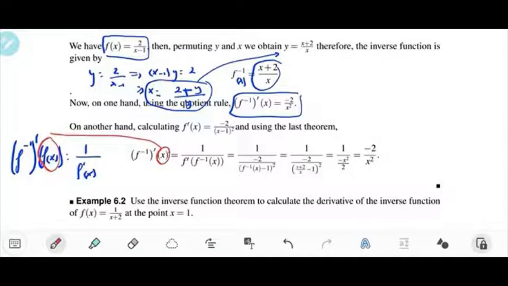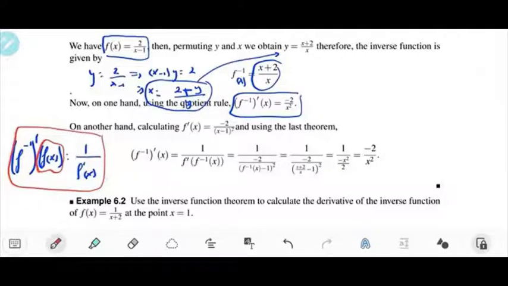The idea is that we should read this theorem as follows. We should say that the derivative of f minus 1 at a given point is equal to 1 over the derivative of f at the pre-image of this point. You see? So you should not be confused about f of x and x.